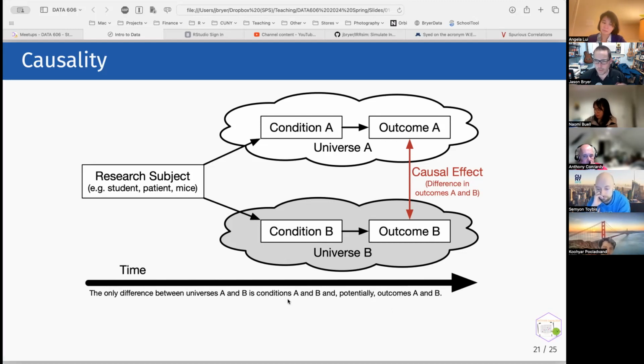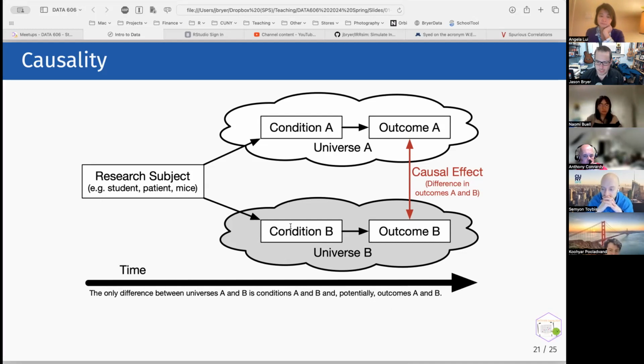So what a real causal effect is, if we have some research subject, right? I tend to work with students. You could be medical, you could be working with patients. I have a colleague who did genetic research and so worked with mice all his career, right? Whatever it is. What I want to do is split the universe into two, Doctor Strange style, where the only difference between these two universes is some condition that I am controlling.